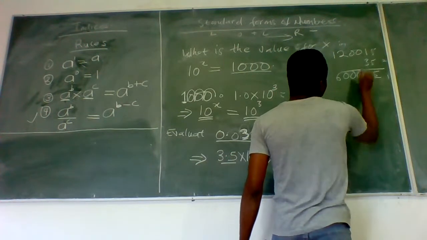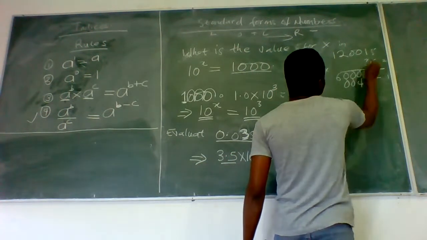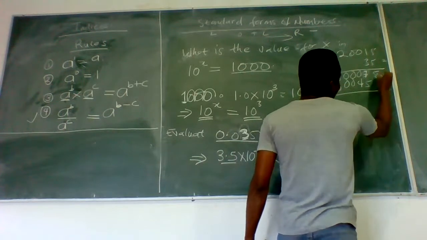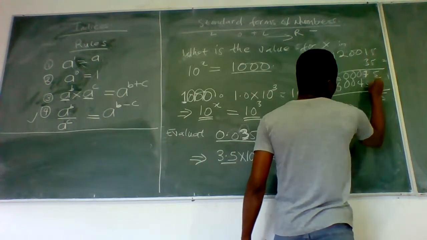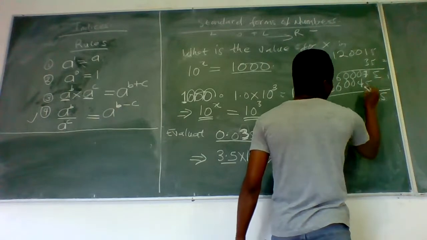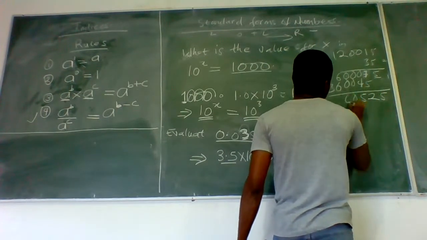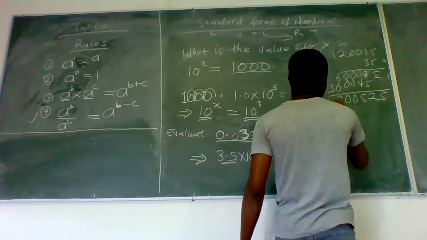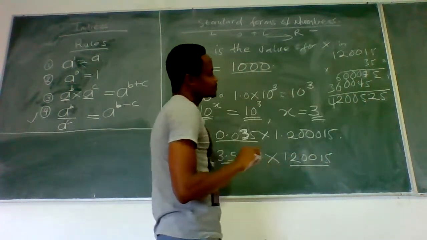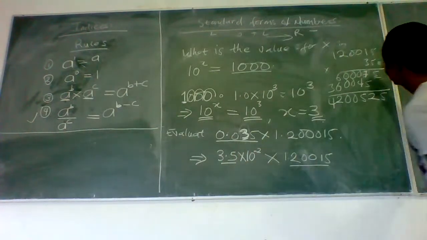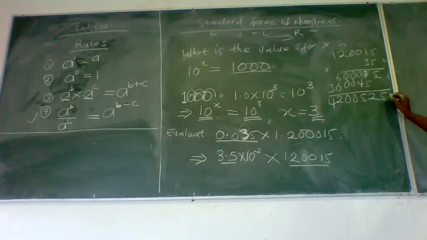When you add them, you have 5, 4, 1, 5, 0, 0, 2, 4. Since we multiplied it by 10, we move the decimals.